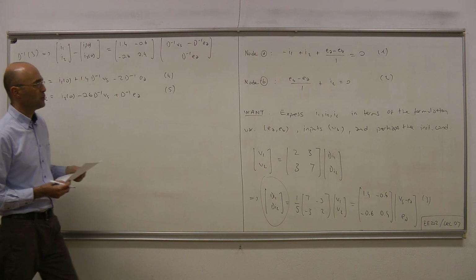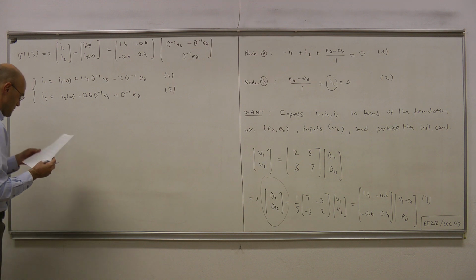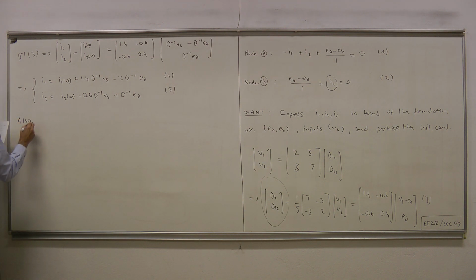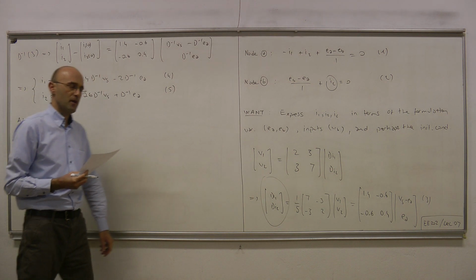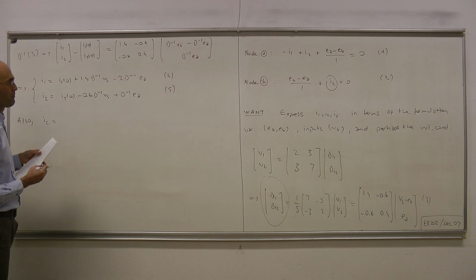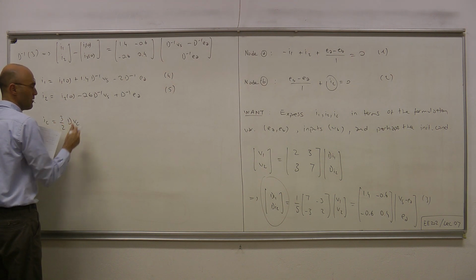Okay, now let's do the same thing to this guy, IC. And that's really easy because directly from the terminal equation of the capacitor, IC equals capacitance, which was 3 over 2, d VC.